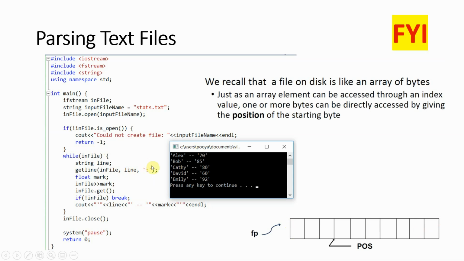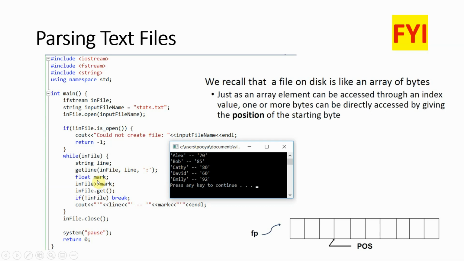And here we assume that the delimiter in the text file is a colon, so in each line we specify that this is going to be the delimiter.